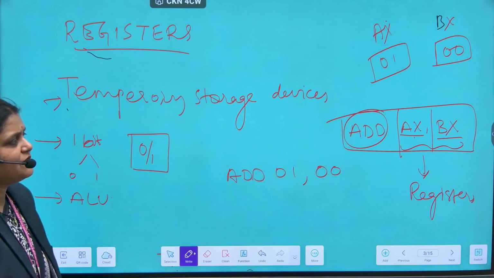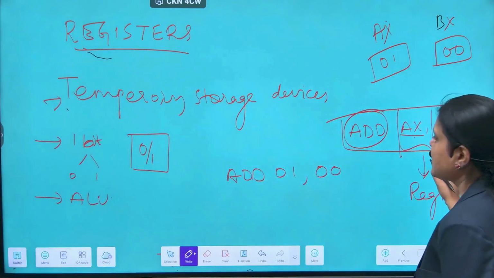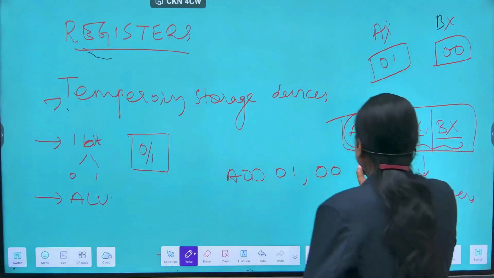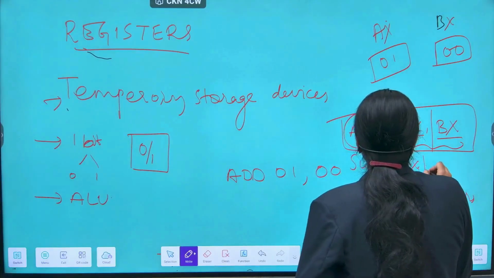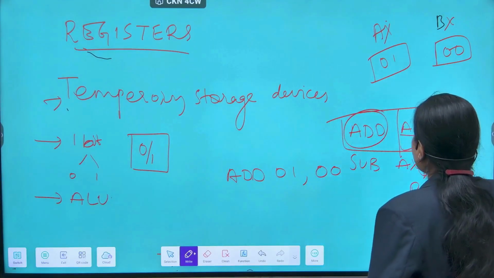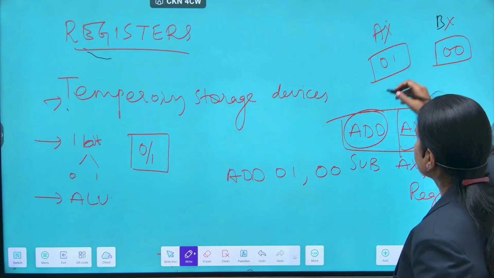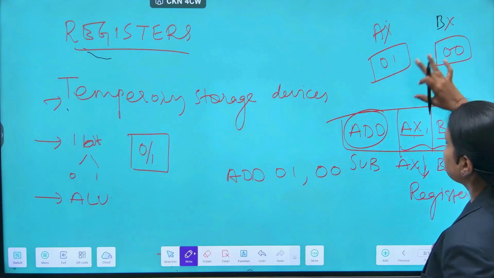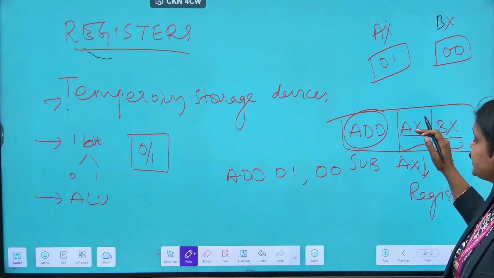When I say temporary storage devices, first I give my instruction as ADD AX, BX. Next I give SUB AX, BX. After performing the addition, AX stores the output of the addition.